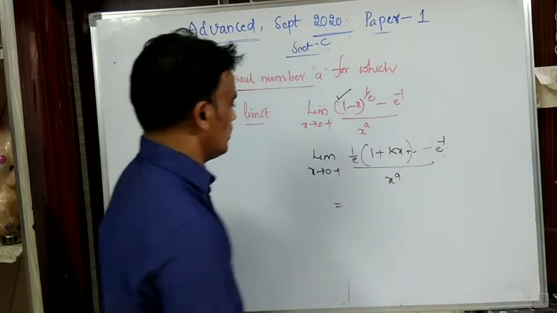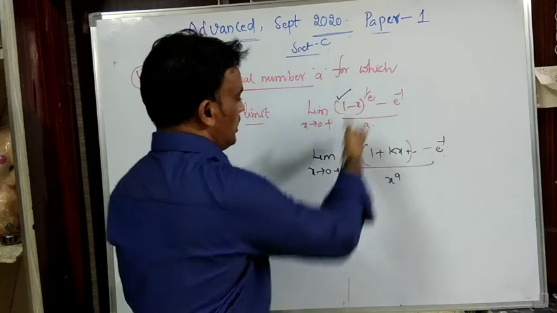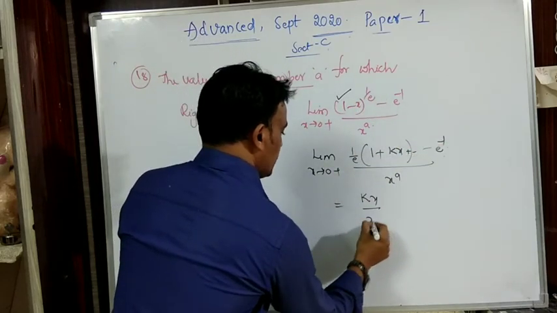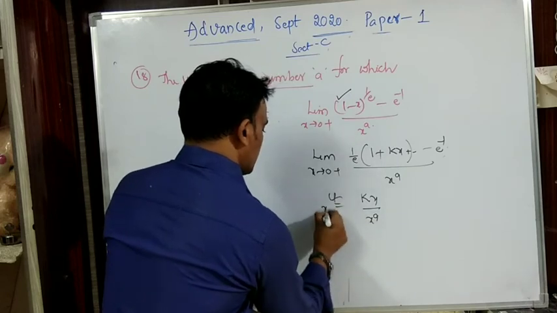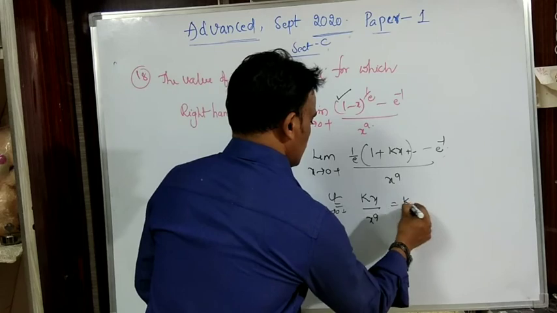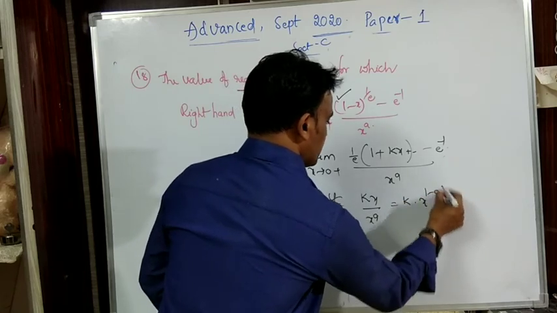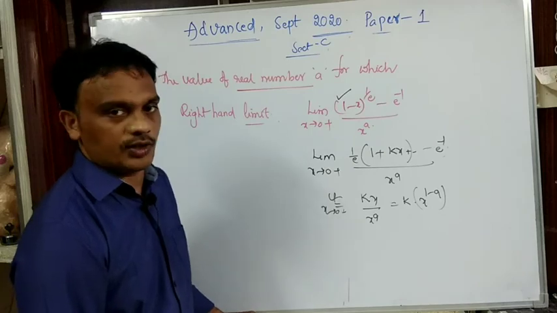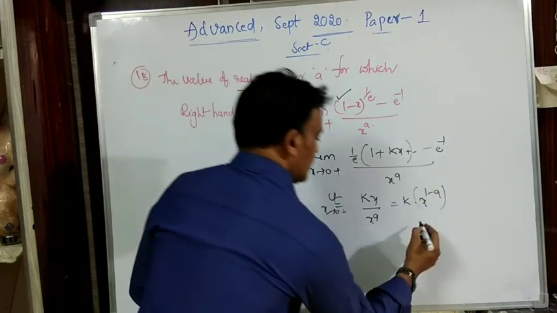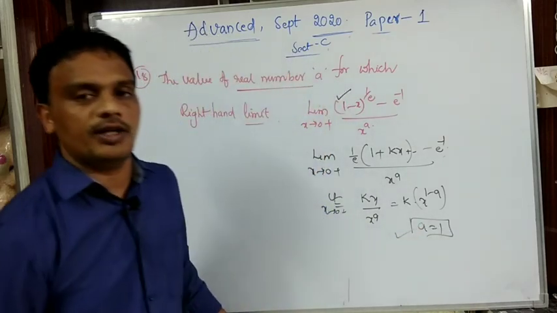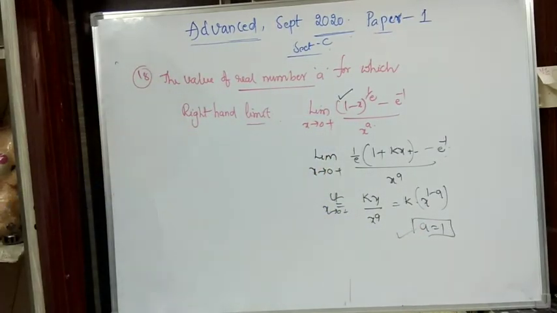The 1 by e and 1 by e get cancelled, so we get kx by x power a as x tends to 0 plus, which equals k into x power 1 minus a. Right or not? For the existence of this limit, the value of a is equal to 1. That will be the answer. Very simple problem.